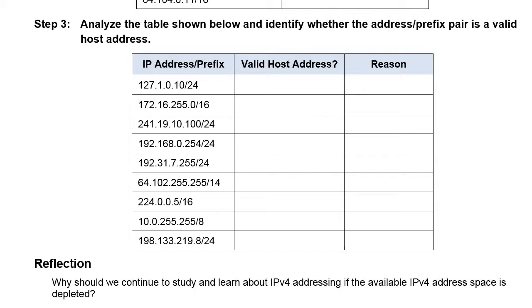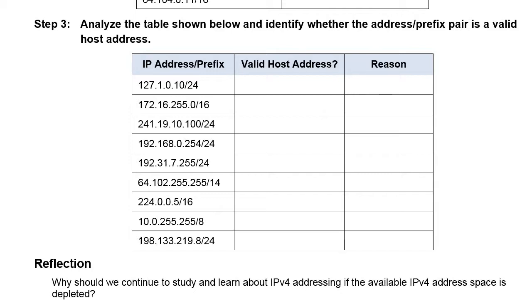The next range on the block is a reserved range, and that range goes from 240.0.0.0 through 247.255.255.255.